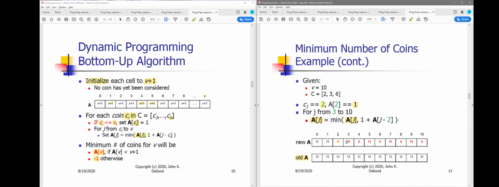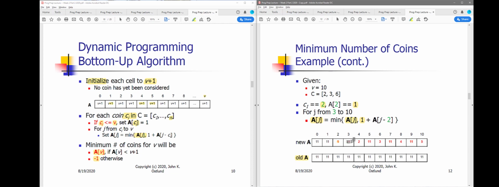So in other words, for the 3... If we're trying to make change for 3 cents and we're doing that using 2-cent pieces, what we're going to ask for is the minimum of either the value that's already there, which is 11, indicating that so far we have not discovered any way of creating change for 3 cents, or 1 for the 2-cent coin plus the number of coins that we need to make change for 1 cent.